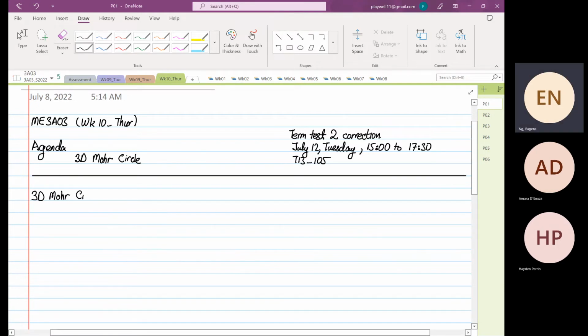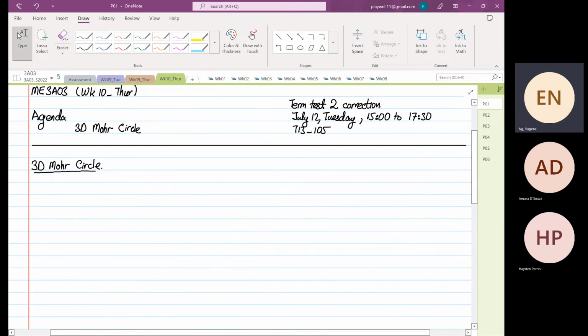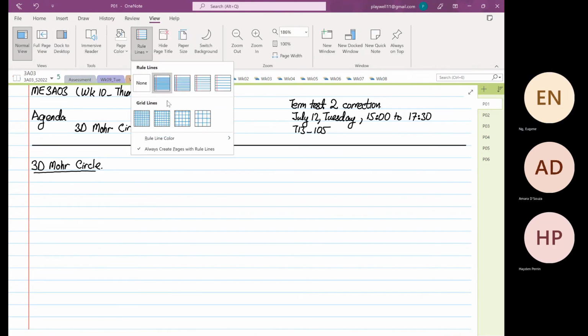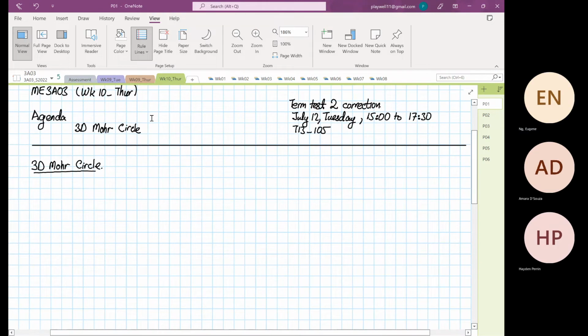The working principle of the Mohr circle is still using 2D. 3D Mohr circle just means it has 3 circles rather than 1 circle in 2D Mohr circle. So we're going to look into a situation where we have an element. I draw my transformation first.